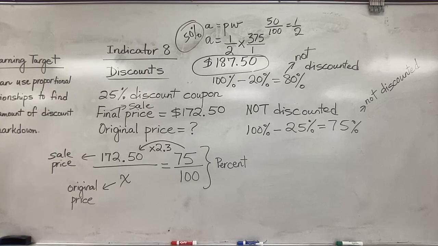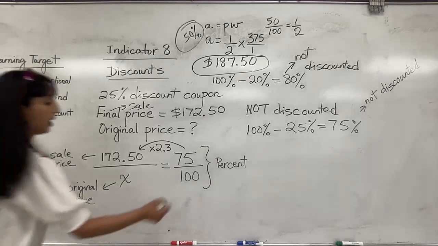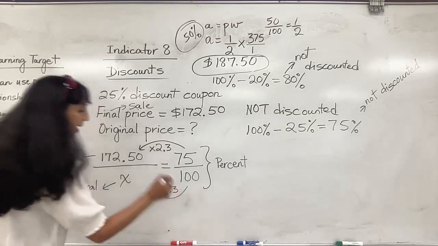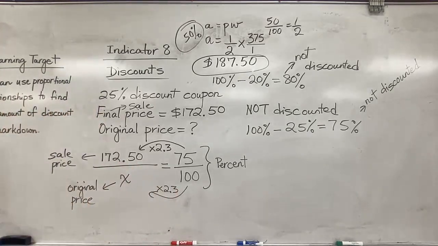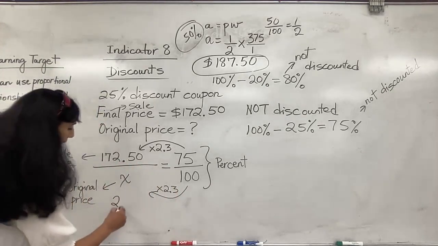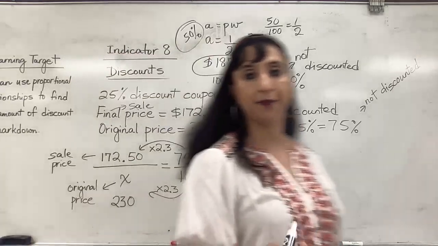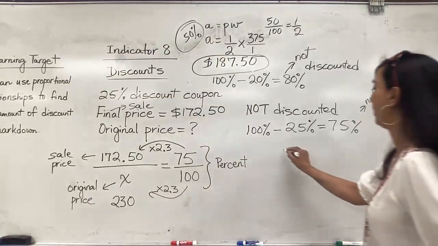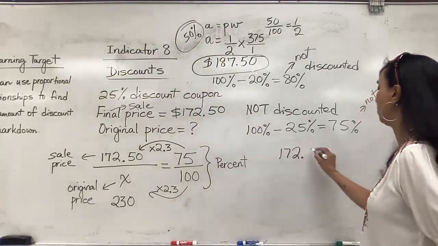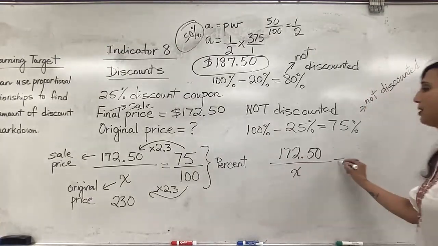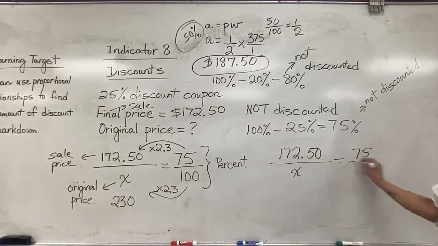And the same way I am going to multiply 100 times 2 and 3/10, and I am going to get my original amount as 230. Now we could have done cross products, and if I did 172.50 over x is equal to 75 over 100.